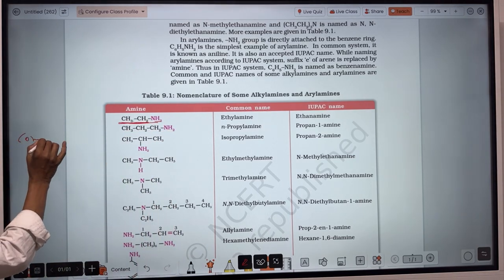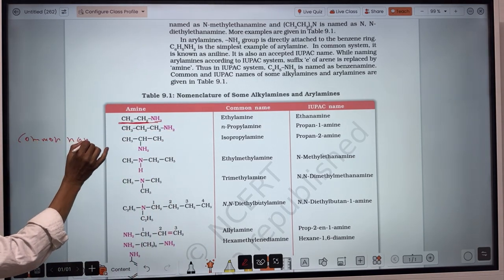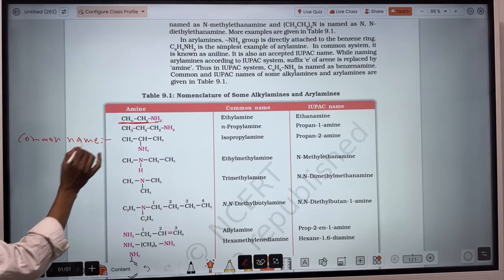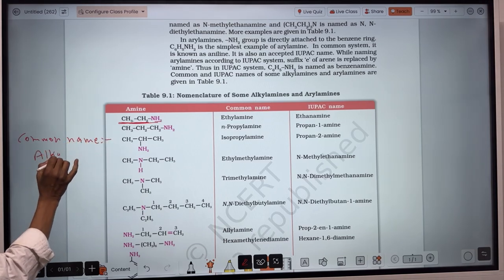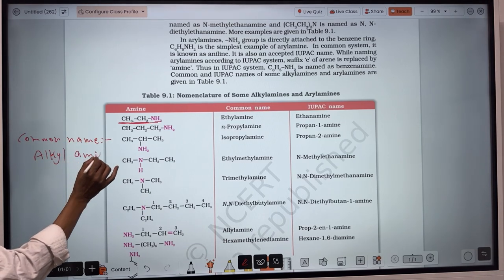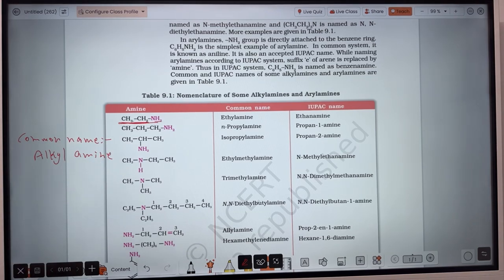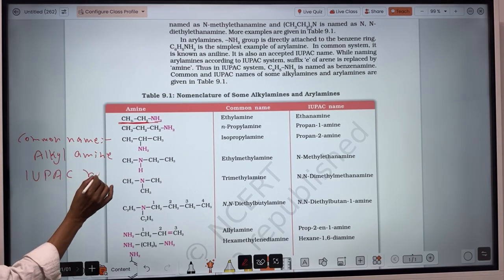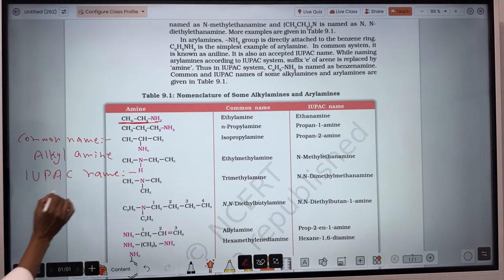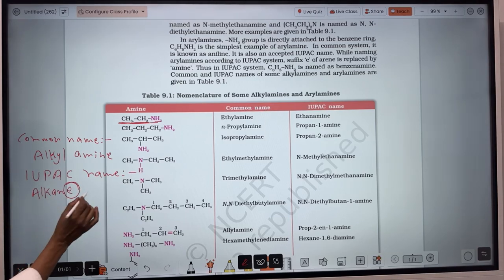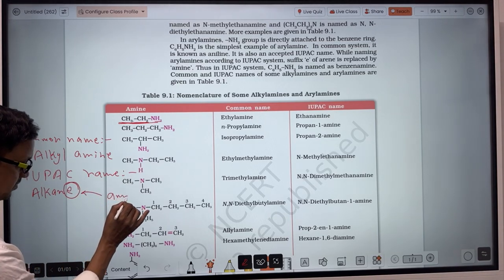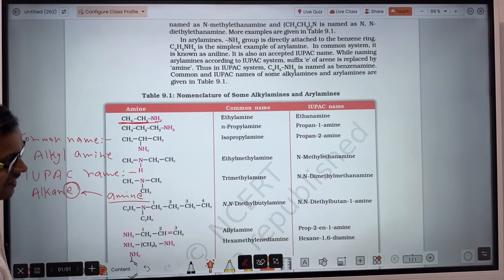In common name, we will have to write alkyl amine. And when we have to write the IUPAC name, then that will be of the alkane, where the E will be replaced by amine.